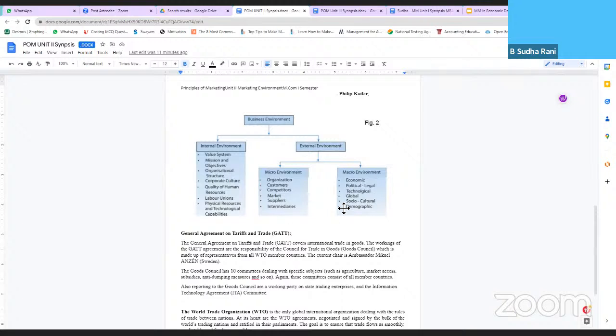All these are demographic factors which have their impact on the consumer. Means the change in your consumer ideas, the change in consumer needs and all.